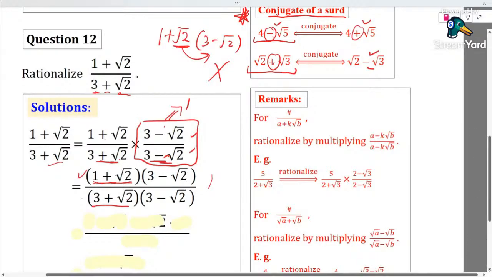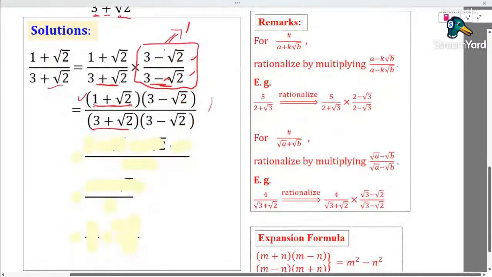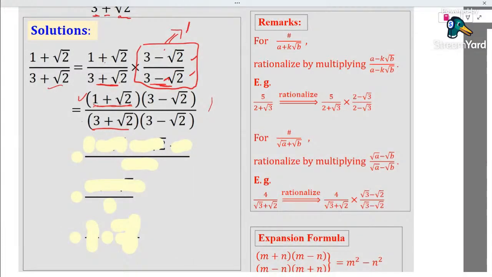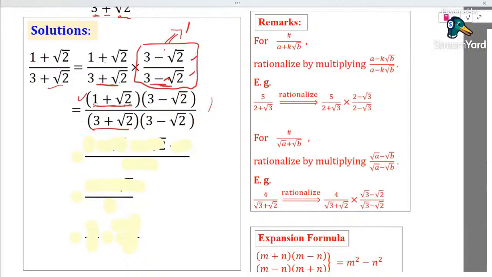And then now, what we're going to do is expand our answer here. For this one, I will just quickly erase the answer for you to see, because you may have realized this multiplication is like the one you saw before, from the previous example.